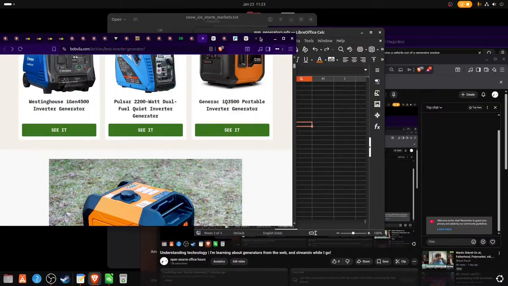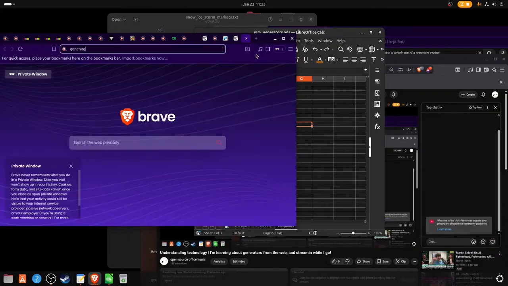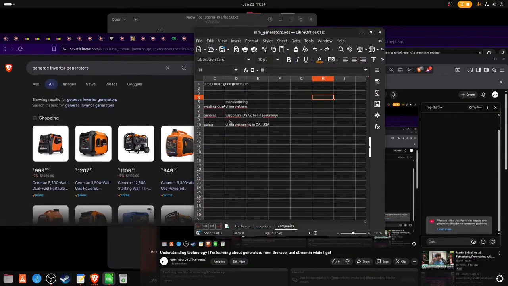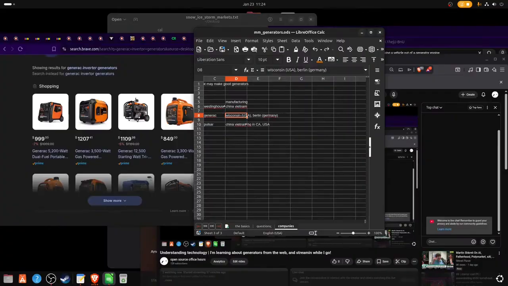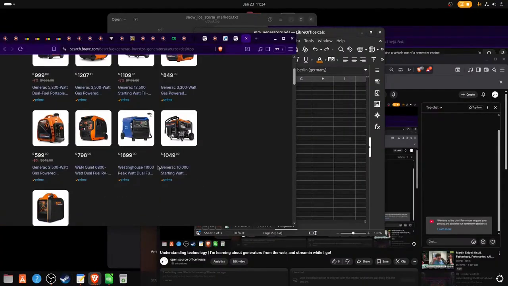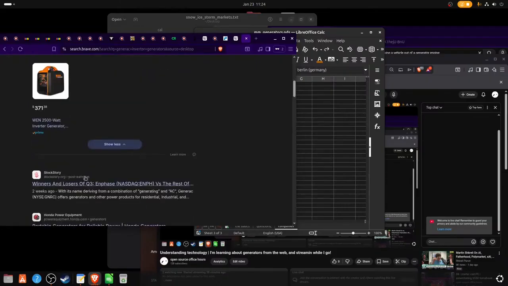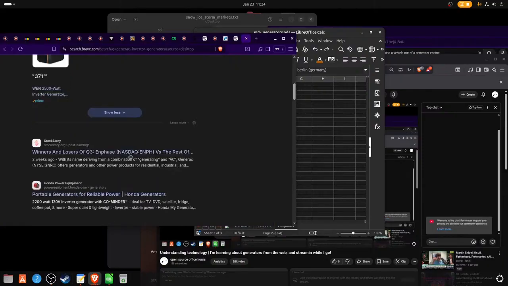We'll look at generators here. Inverter generators, and then the United States stuff. So the United States, in my experience, is just expensive. I think what we end up paying for is all of the labor and employees. United States workers are just expensive, and I don't think that money always makes its way into the products. It depends on what the product is, but that's what I find frustrating.